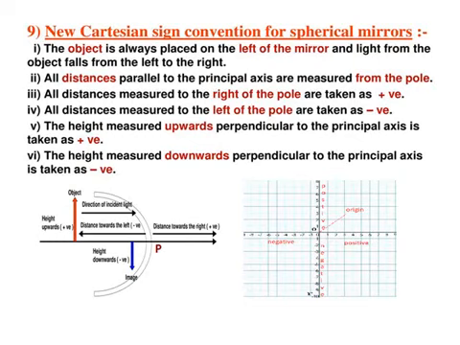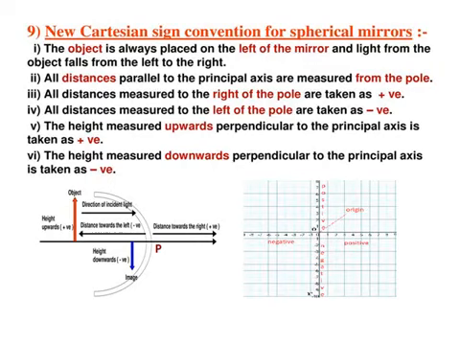Similarly in the y-axis, above the origin you have positive values, and below the origin you have negative values. So once you are clear with these graphical symbols, where the positive and negative come, the same thing you can apply on the mirror which is on the left side.